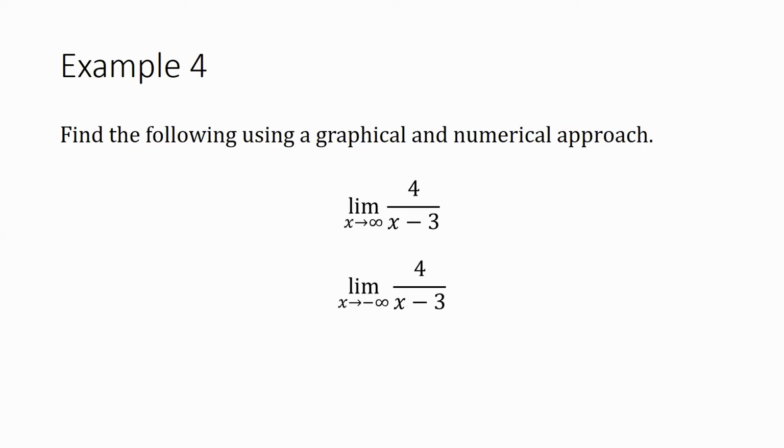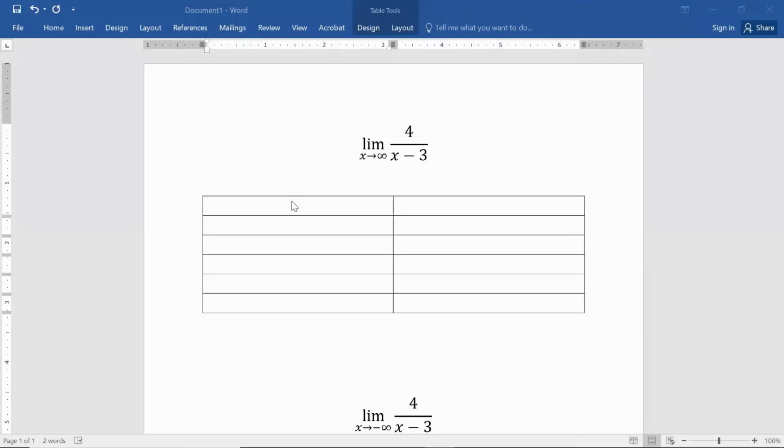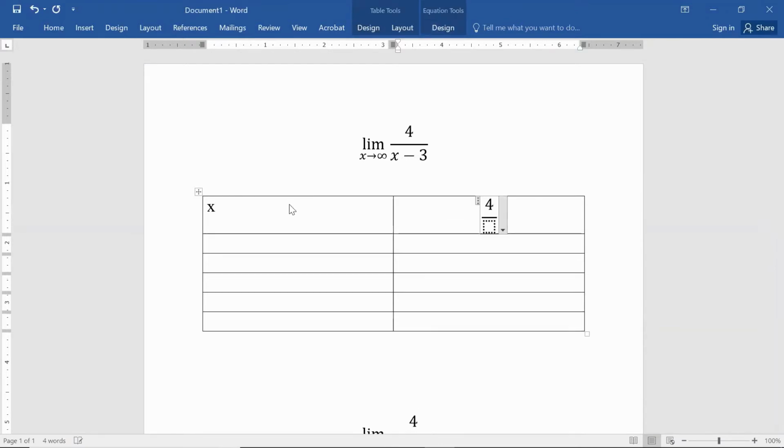So let's go ahead and do that. And I'm going to look at this graphically and numerically. I'll start with numerically. So numerically, what we're going to do is take my expression 4 over x minus 3.